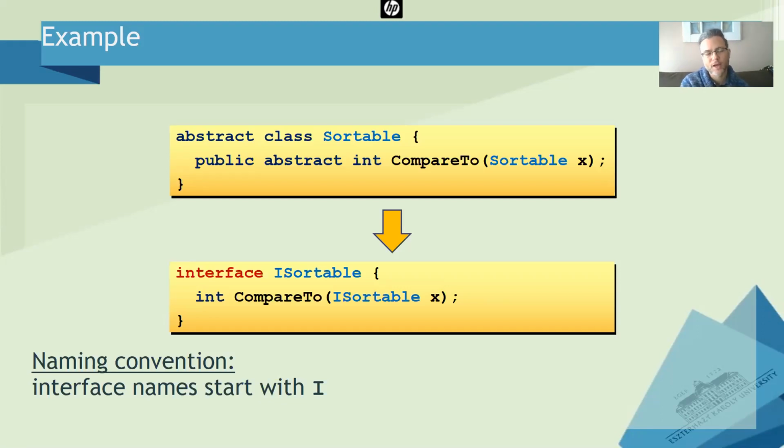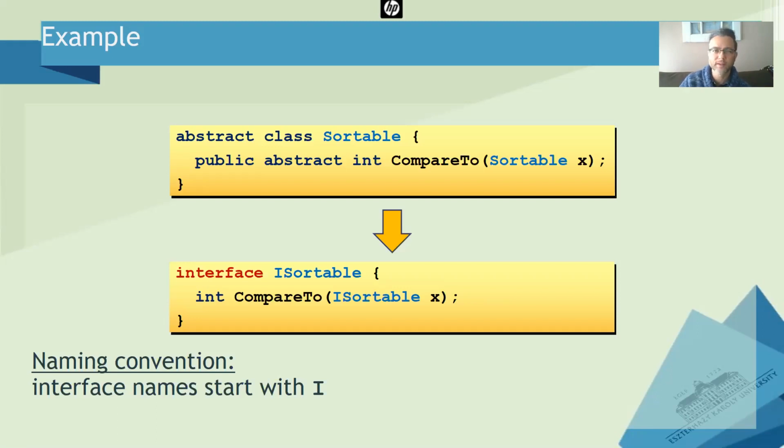In C# and in the .NET framework, there is a naming convention as well. You are supposed to put the letter I in front of interface names. This is not mandatory, but somehow required.